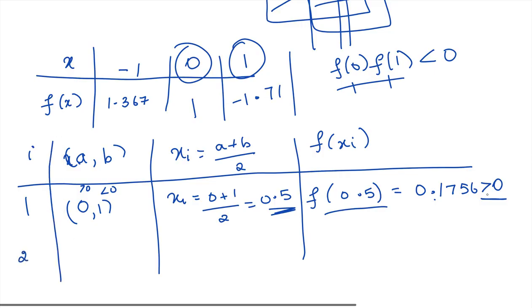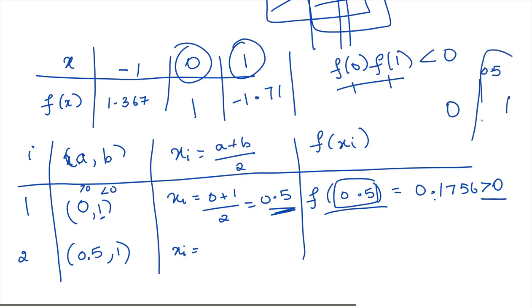So 0.5 is giving us greater than 0. So we will take something which was giving us less than 0 in the previous interval, which is 1. So next interval would be 0.5 comma 1. So now we have further shrunk the interval. Previously we knew that our root is between 0 and 1. Now the root would be between 0.5 and 1.